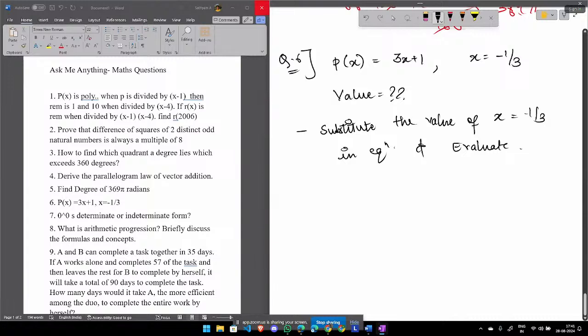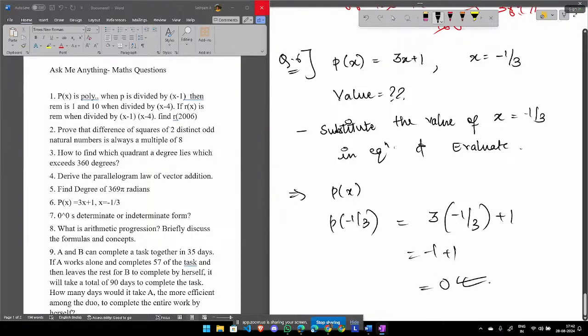Do you need my help in this? Of course not. Simply substitute in the equation and write down the answer p of x. So p of -1/3 would be 3 into -1/3 plus 1. Easy calculation. What will be the answer? -1 plus 1, 0. So the answer is 0.